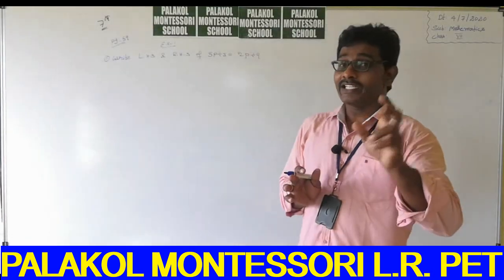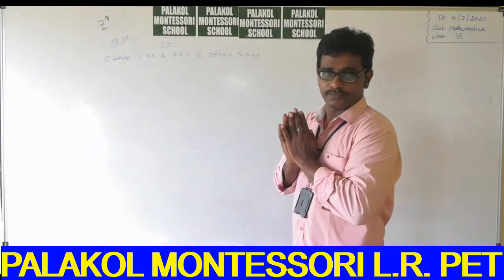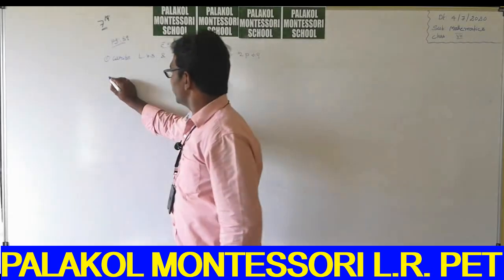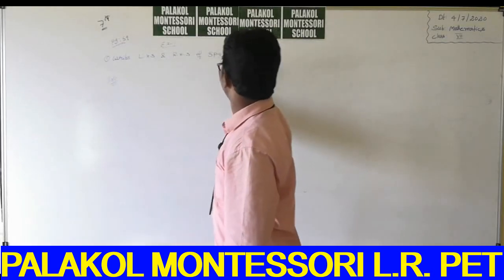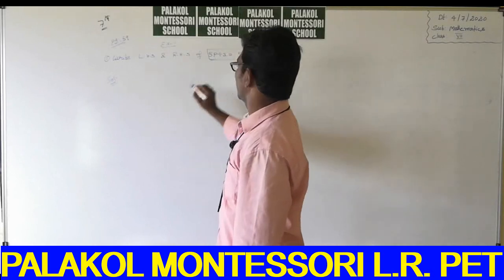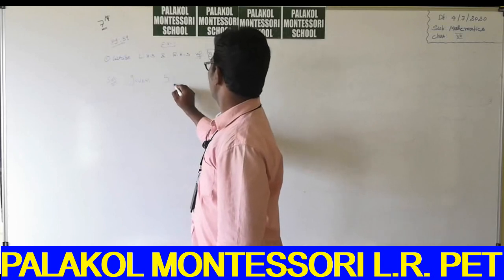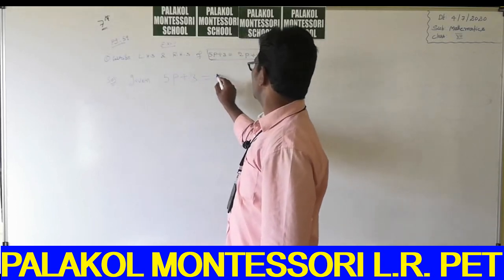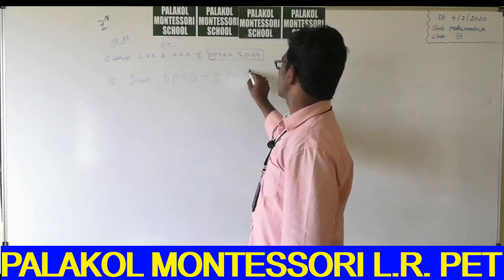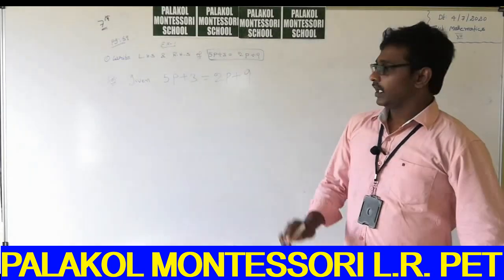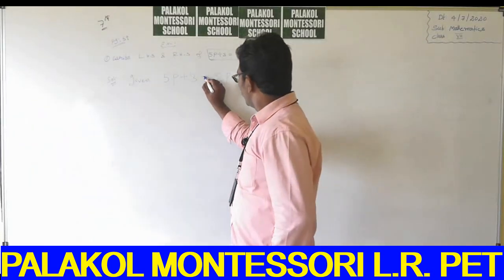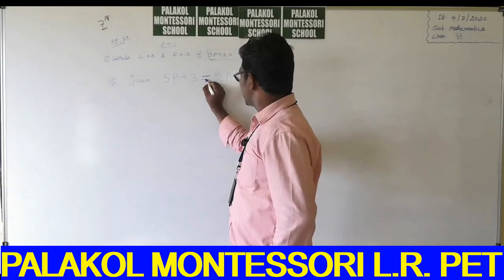Already I have completed the introduction part of this. What is the given equation in this sum? This is the equation: 5p plus 3 is equal to 2p plus 9. Guys, see here the equal to sign is there.